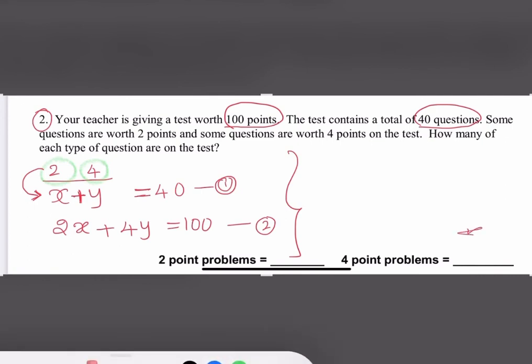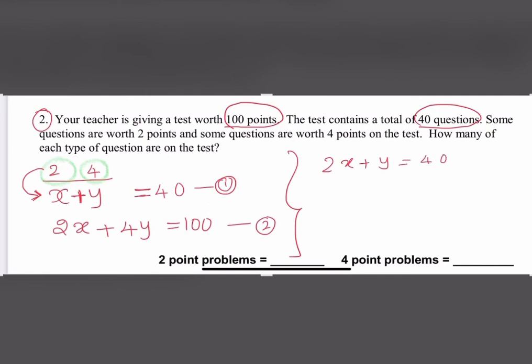So now let's solve this question by what method? Let us decide by looking at the equations. I have 2x plus 4y equals 100, and x plus y equals 40.